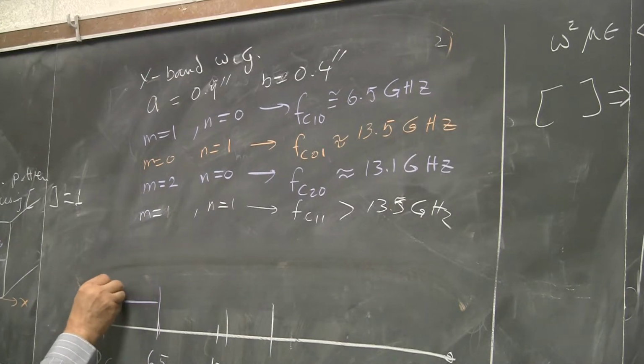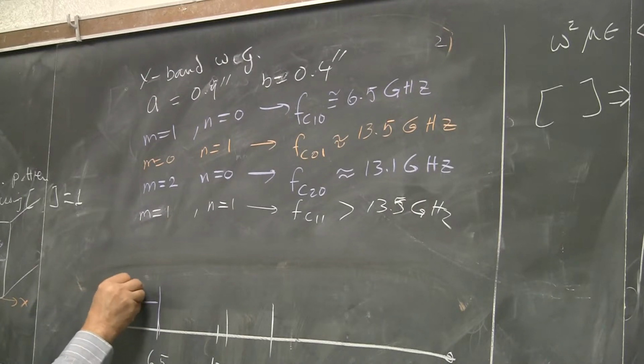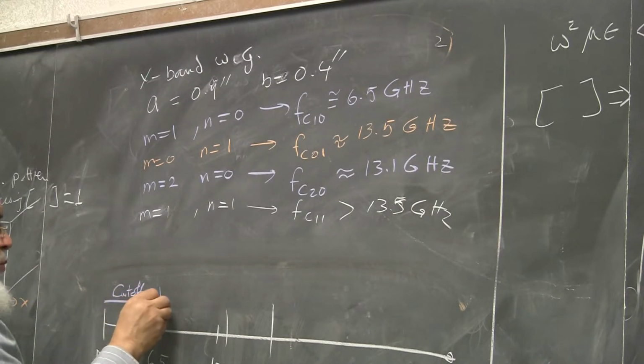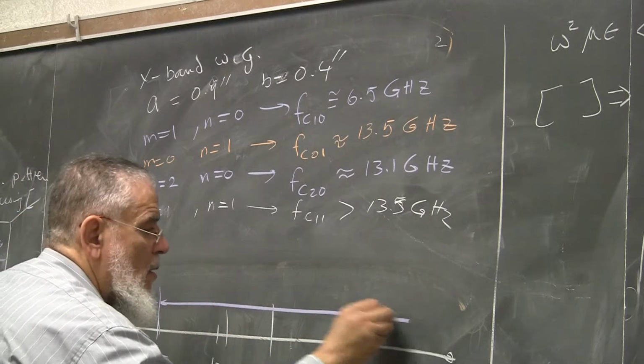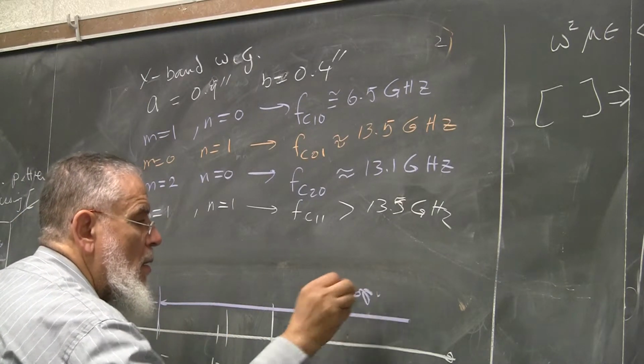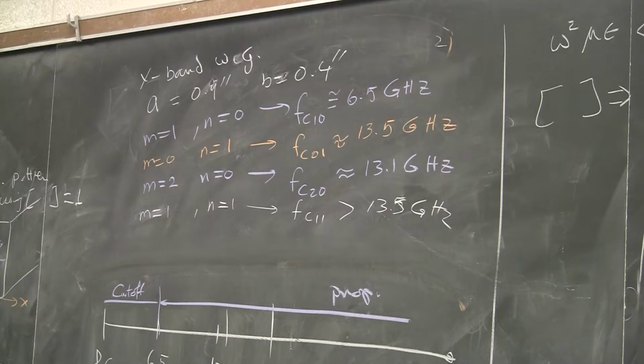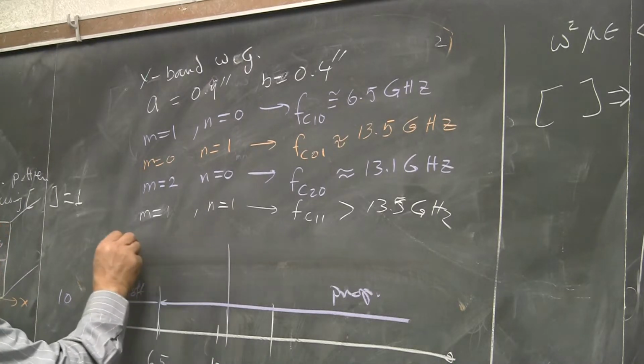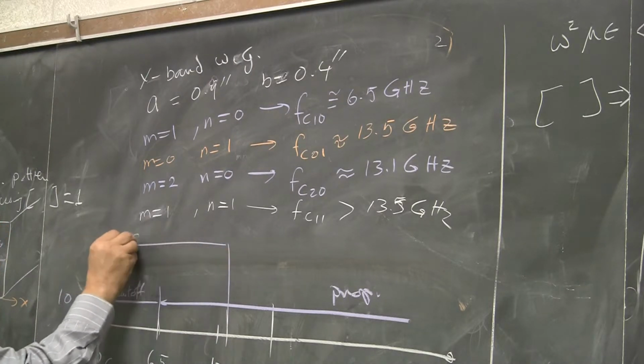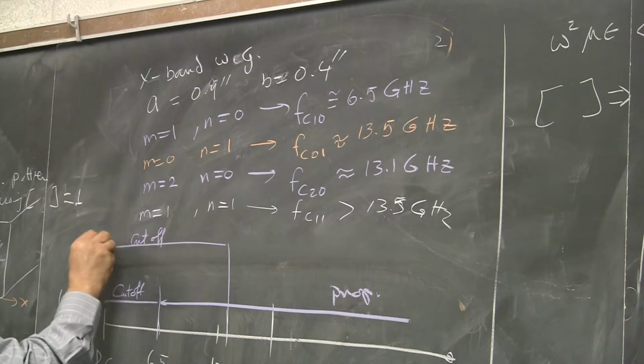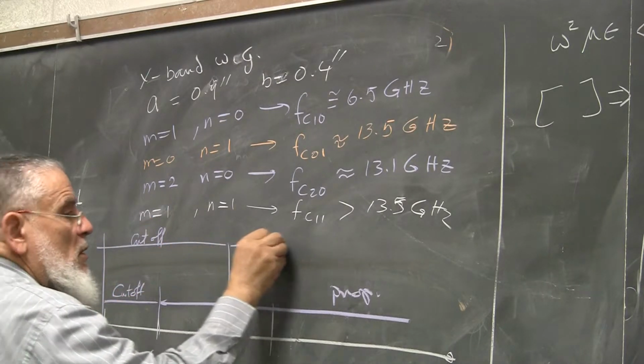It's cut off here, and then propagation here. That's the 1,0 mode. The 2,0 mode is again in blue, cut off here, and propagation here.